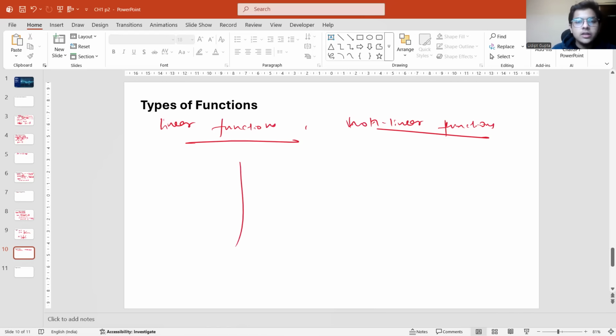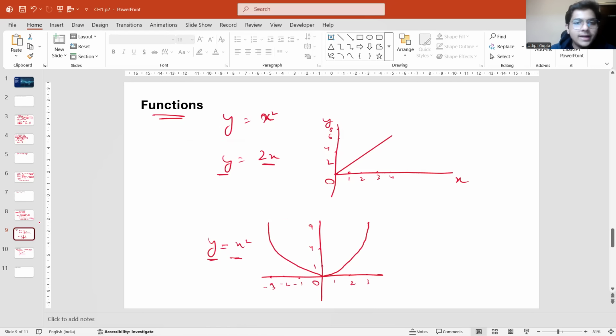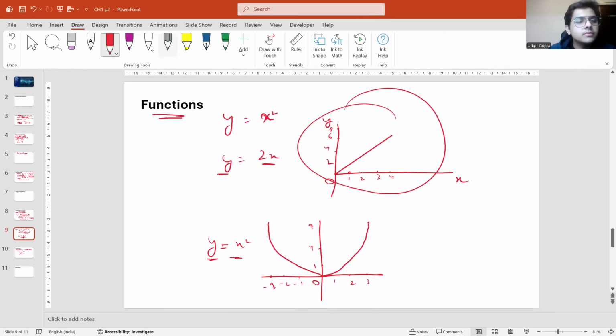What is non-linear? When your line is a line, like what we made here, this is a line. This is a linear function. That's a straight line. When your line is a curve or something else, it's a non-linear function.